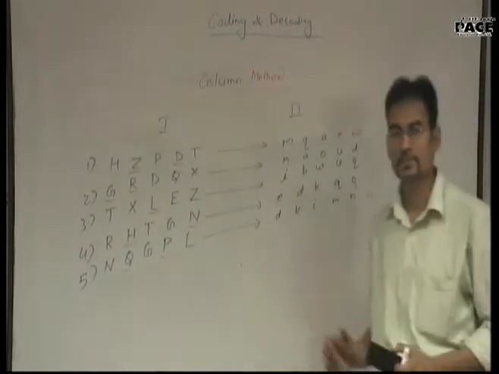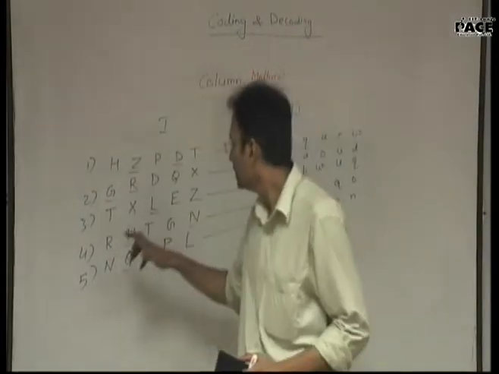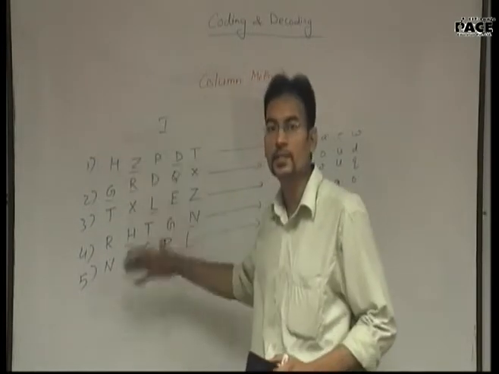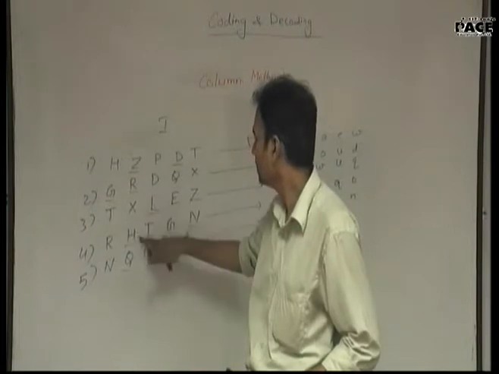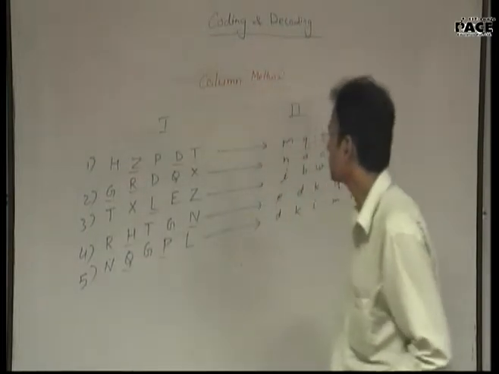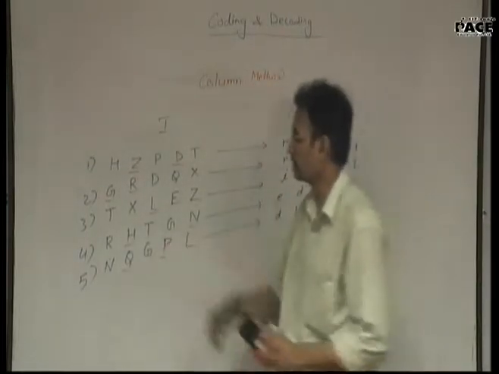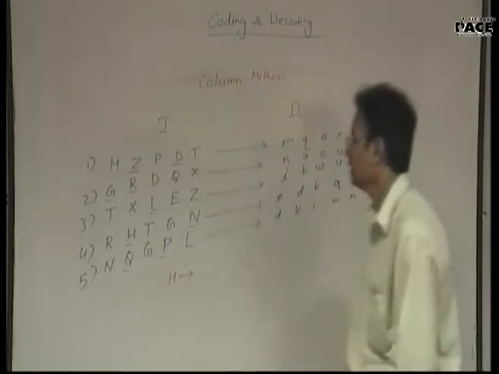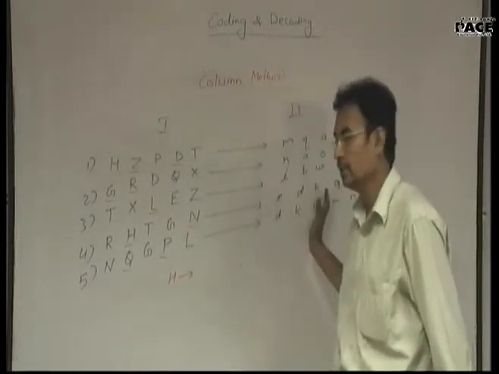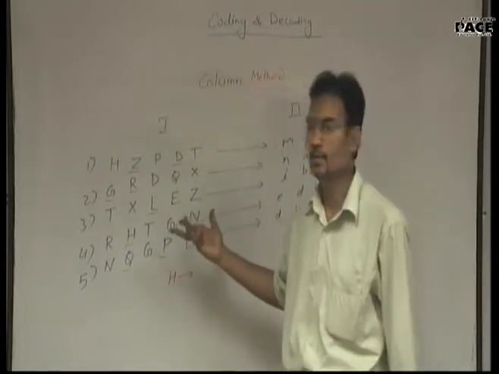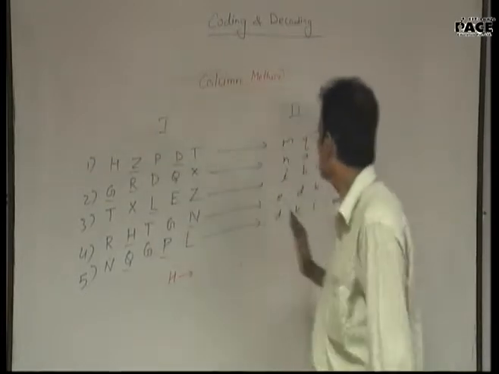Now how to start? Now we can observe that we are having some letters repeated. Like H is repeating here in 1 and 4. We have to find the value of H also. So the code for H should not be repeated elsewhere except from 1 and 4.